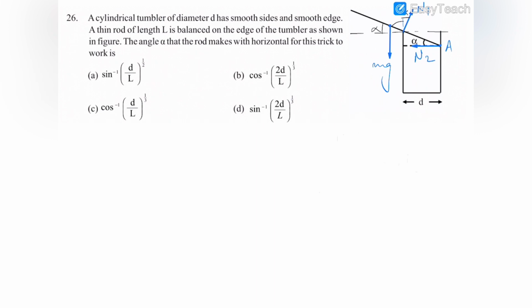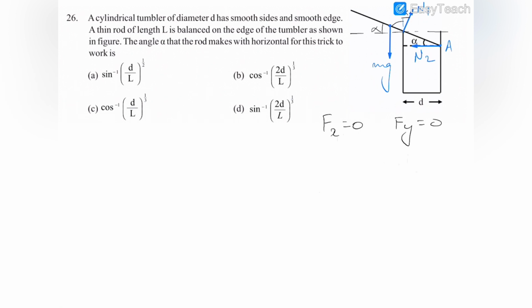I have already drawn the direction of forces, and I have already drawn the FBD of this figure. These forces are not represented in the question, but I have drawn them already to save time. So we can see that mg would be acting in the downward direction, N1 would be acting perpendicular to the rod, and N2 will be acting perpendicular to the contact, which is the wall. Now you can see that the net force acting on this system in the x-axis as well as in the y-axis is 0.